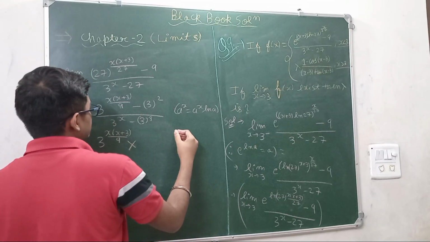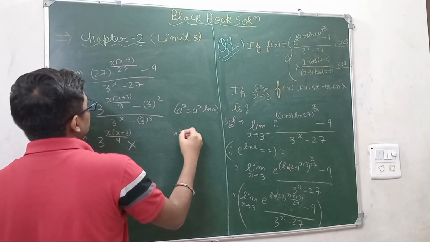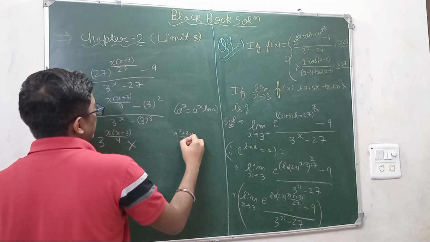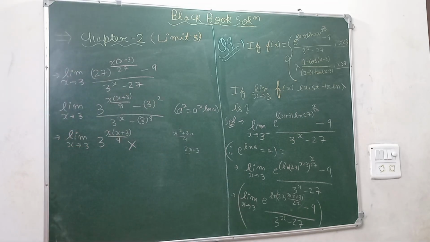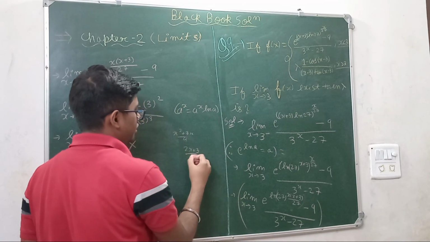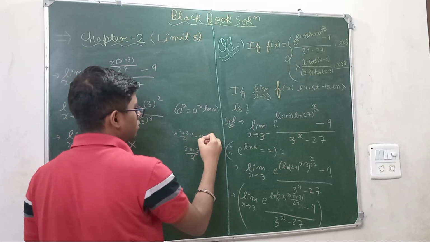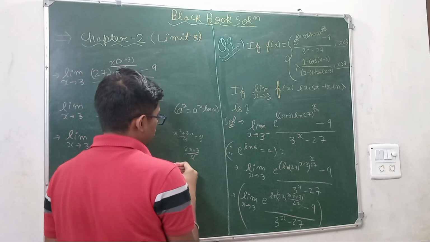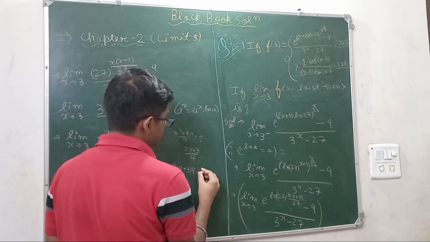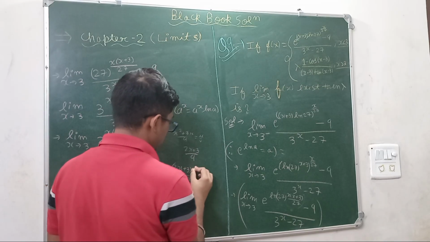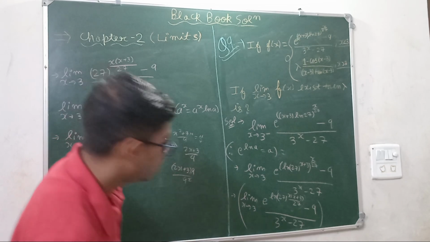This is x square plus 3x upon 9, so the derivative is 2x plus 3 by 9. Okay, 2x plus 3 by 9.